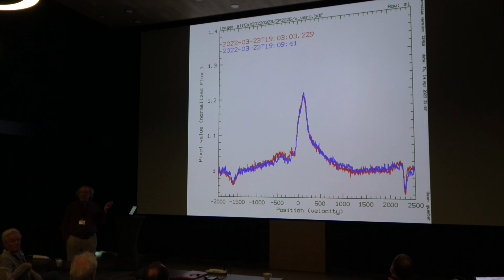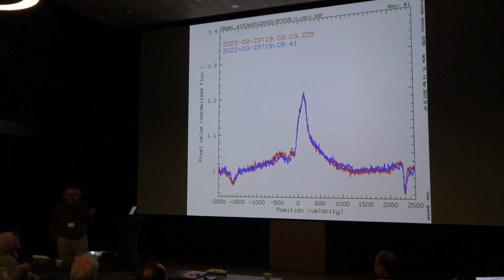Here you can compare my spectrum in red, and 6 minutes later the spectrum made by Berthold, to see any differences. There are differences, of course. It is not easy to normalize this spectrum. You can't really see the continuum.